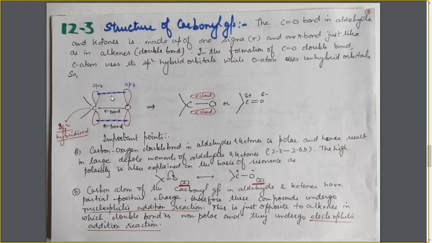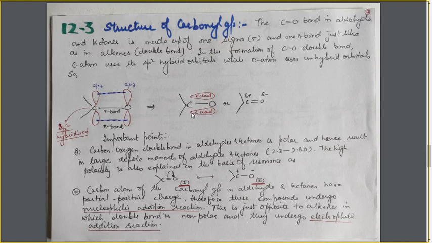As we know, in pi bond formation the overlapping takes place at 2 positions, above and below the plane. So the electron cloud is also divided into 2 parts, above and below the plane.